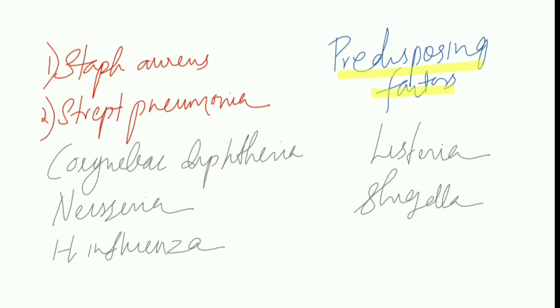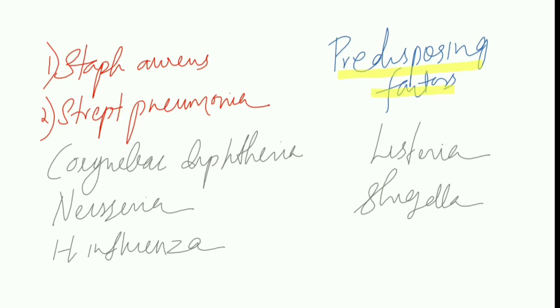So what happens? The foreign body can slough the epithelium, and through that the bacteria will enter. Or sometimes you can have some kind of trauma, or even if you slept with a contact lens. All these are predisposing factors for these bacterial infections, Staph aureus and Streptococcus pneumoniae.